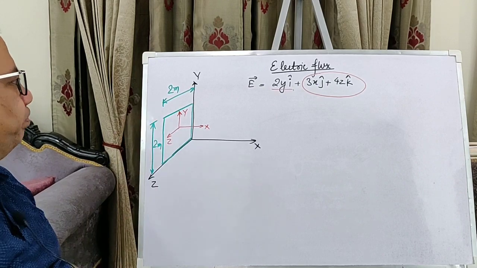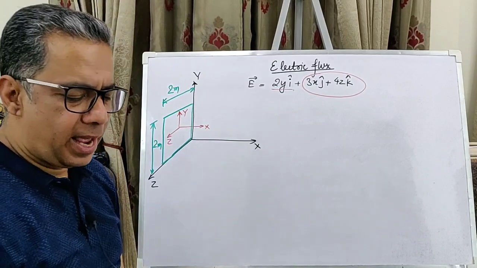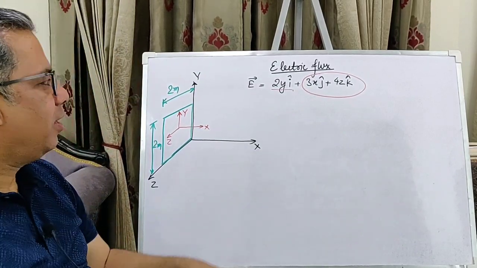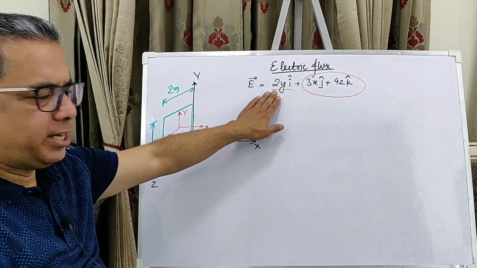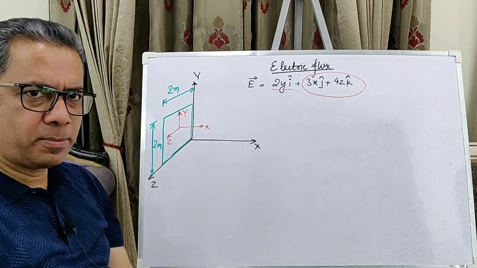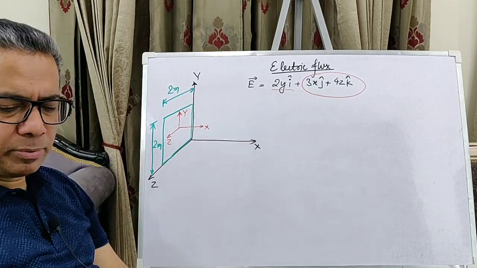Now because the x component here is variable, we cannot use the process we used in the last example, of simply multiplying the magnitude of the field component in the x direction with the area, or taking the dot product of the area vector with the field component.